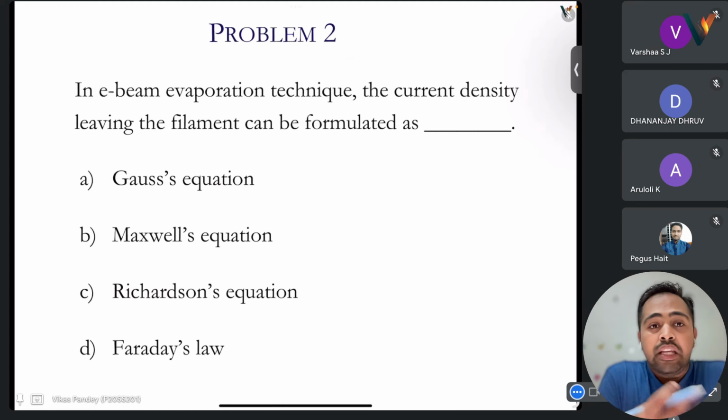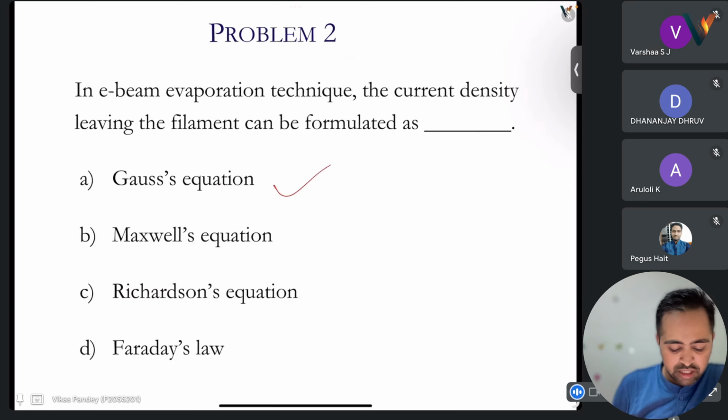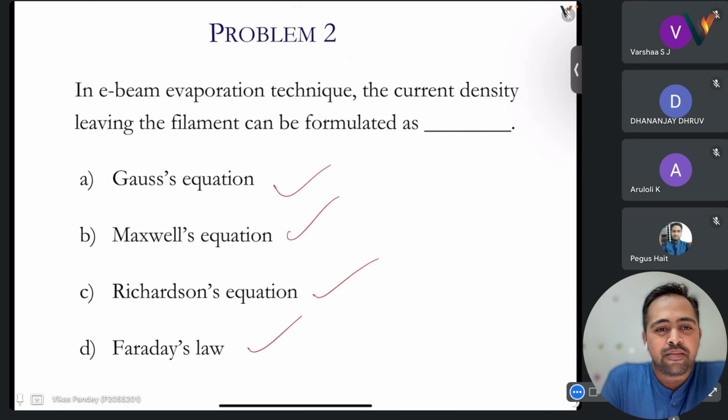So in e-beam evaporation technique, the current density leaving the filament can be formulated as Gauss equation, Maxwell equation, Richardson equation, or Faraday's law. Anyone? Maxwell's equation.